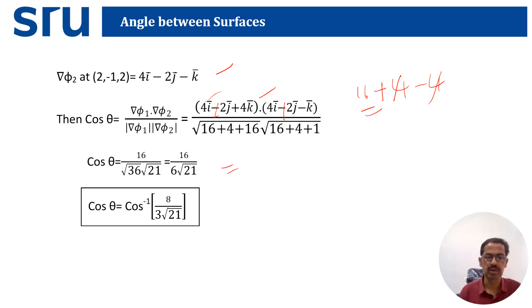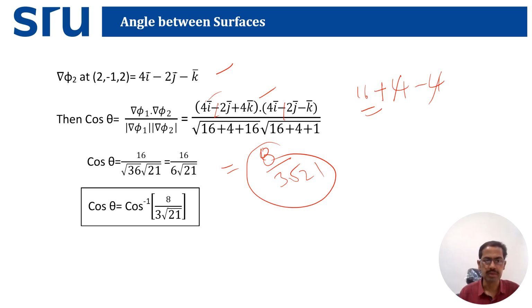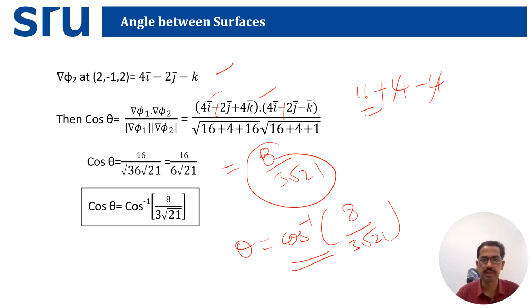So this is equal to 16 by 6 root 21, or 8 by 3 root 21. Theta is equal to cos inverse of 8 by 3 root 21. This is the angle between the surfaces.